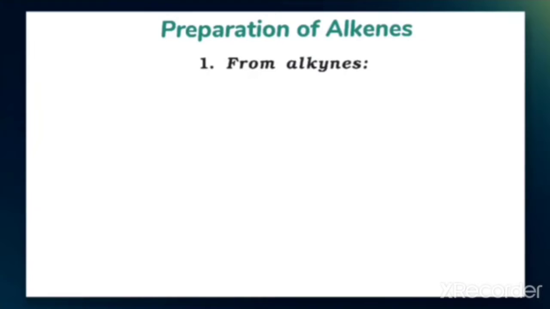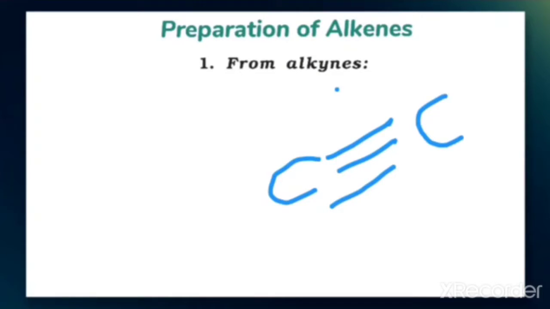First, preparation from alkynes. Before discussing its preparation, let us first discuss what alkynes are. Alkynes are unsaturated hydrocarbons in which there is a triple bond between carbons. Here it can be any carbon chain with a triple bond.